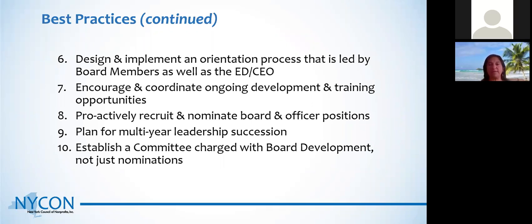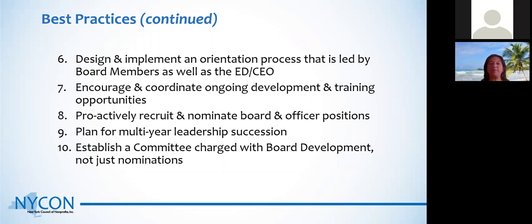Or it could be something related to your programs and your mission so that you better understand what you're doing over the next year. And that learning process builds teamwork, and it builds commitment to the organization, and it helps board members be better board members.